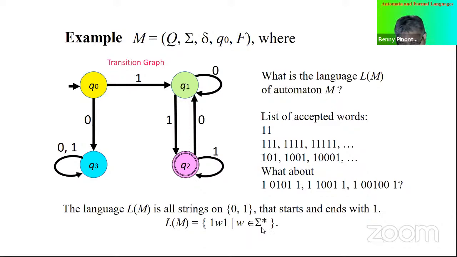Sigma star means all the elements of sigma, that is 0 and 1. You can repeat 0 and 1 any number of times, any element of the alphabet. So that is actually what it says.